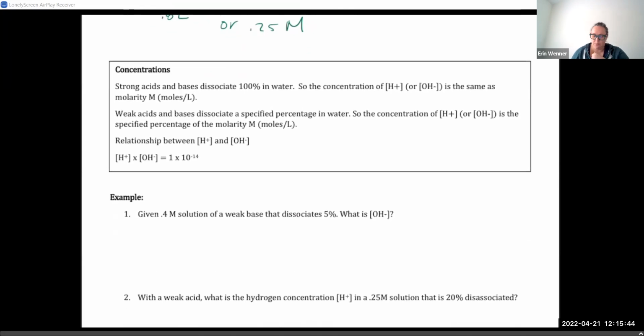So number 1 says, given a 0.4 moles per liter solution of a weak base that dissociates 5%, what is OH negative?